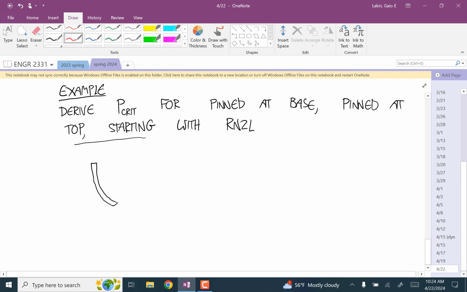And this is V. And we have our big external force P pushing down, and our big external force P pushing up. And then we have a bending moment here at M. Okay? And we're going to use the fact that E, I, V double prime is equal to the bending moment for any x.